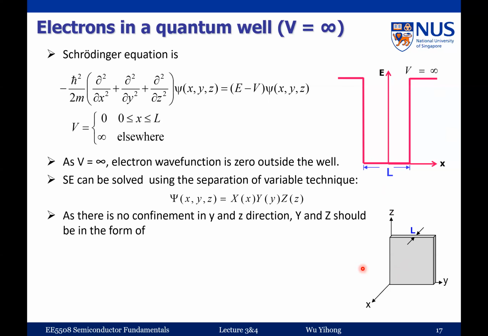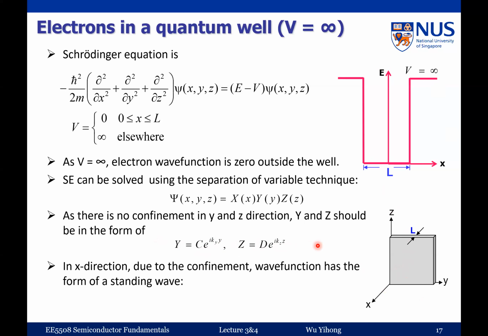Since they can move freely in y and z, the electron wave function should be given as a plane wave, right? So the ky and kz part is just free electrons, but in the x direction you have this confinement effect.